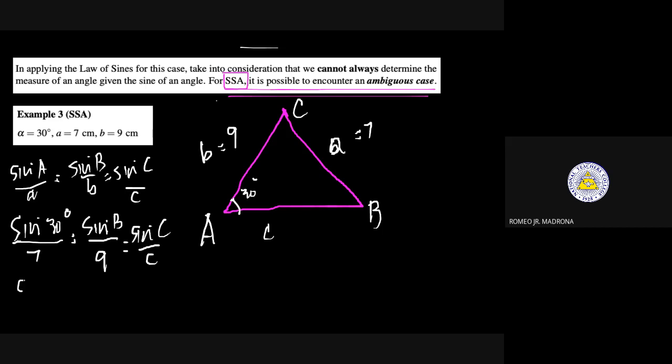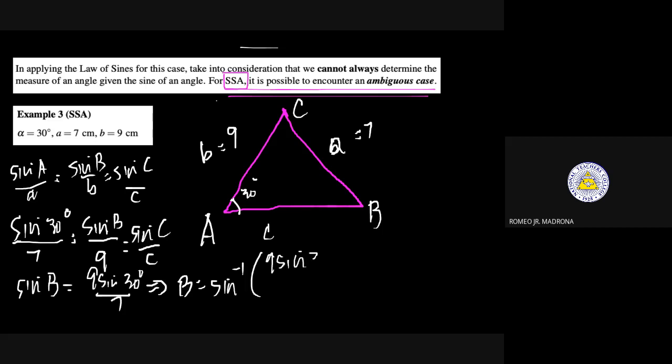So, sine B is equal to 9 sine 30 degrees over 7. So this becomes angle B equals inverse sine of 9 sine 30 over 7. Sine 30 is a special angle, di ba? So we can solve that.